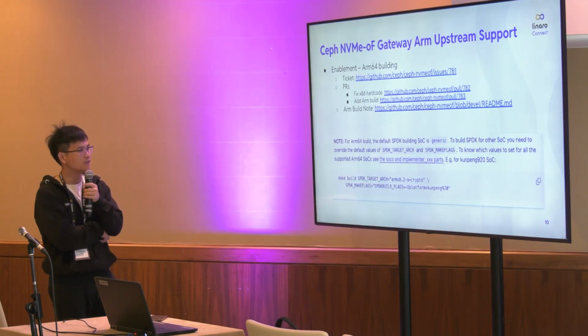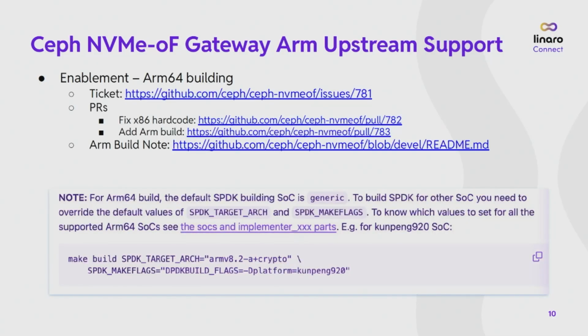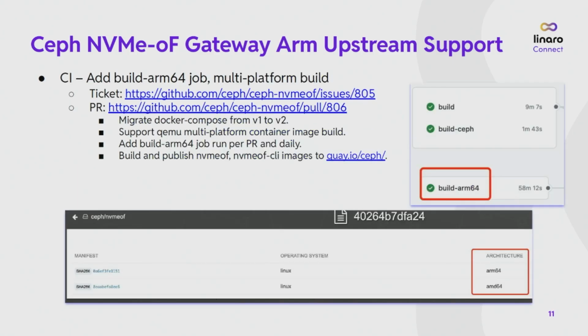We also added build notes in the README file to help other users build on different SoCs. And for CI, we also added an ARM64 build job, and the capability of building the multi-platform container image.